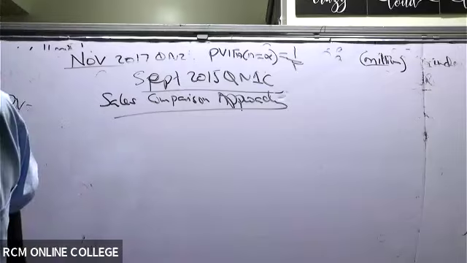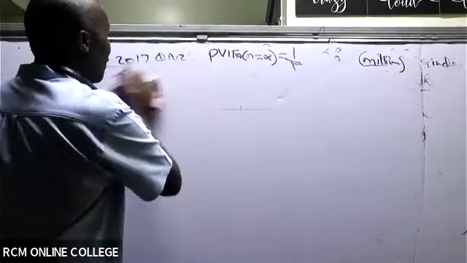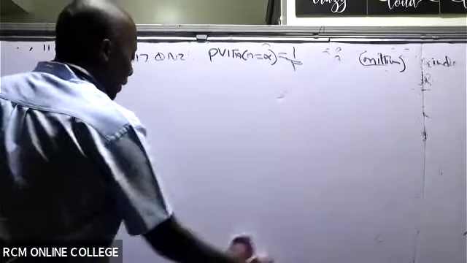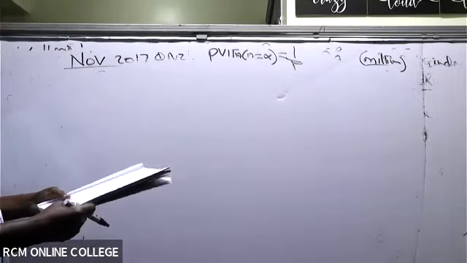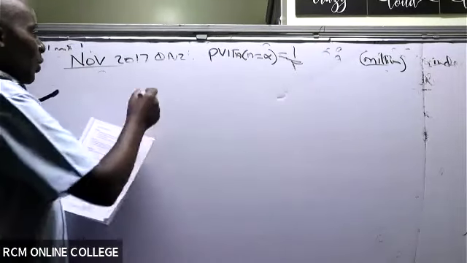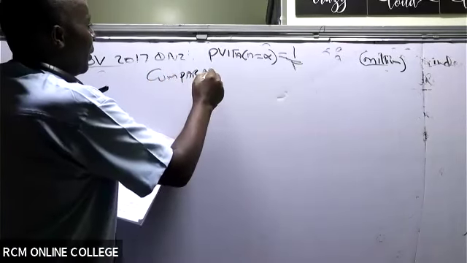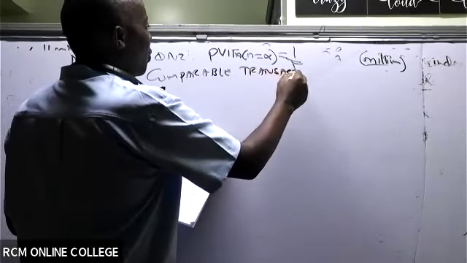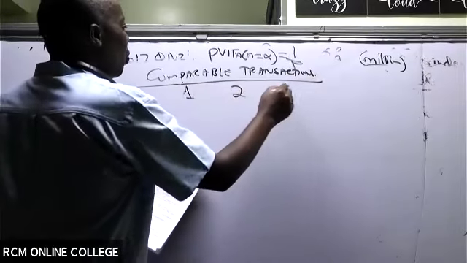What I will do very fast is put up a table similar to what this examiner has given us. Here we have the comparable transactions, and I will first handle these. There are three: 1, 2, 3.